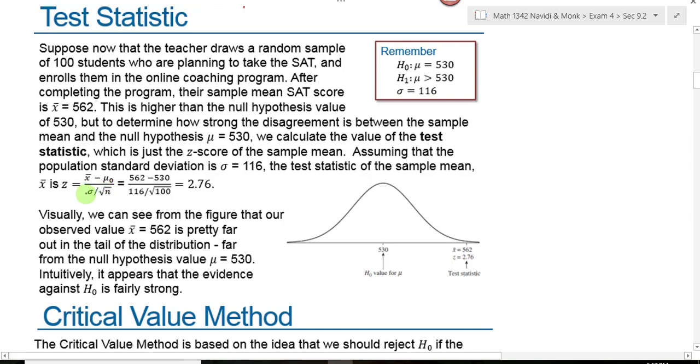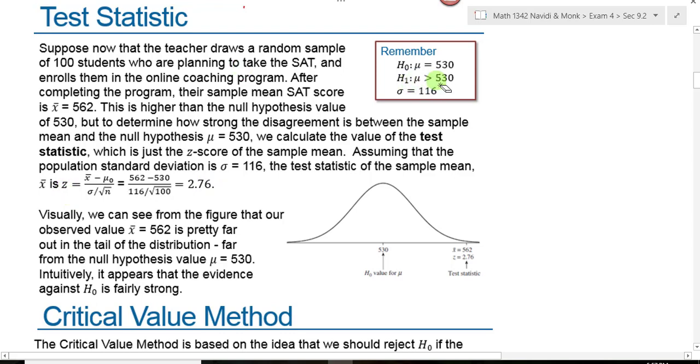It's the population standard deviation divided by the square root of n. When we put these numbers from our data and from our hypothesis into this formula, we end up with what we call a test statistic. If you're testing a claim about a mean and the population standard deviation is known, that test statistic is going to be a z-score. We'll do this on our calculator though.